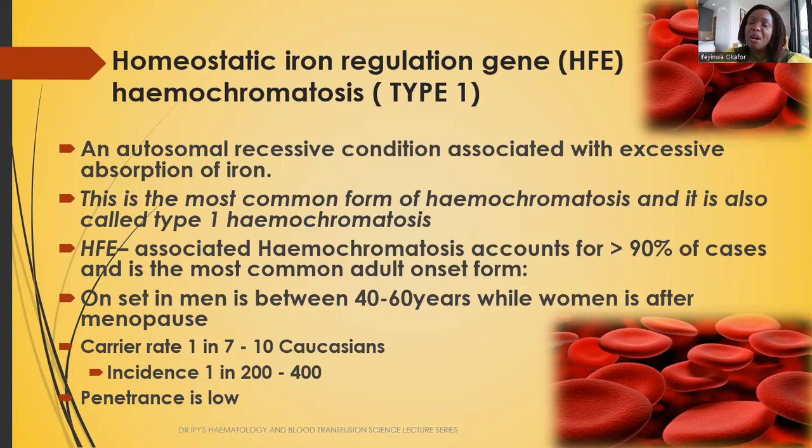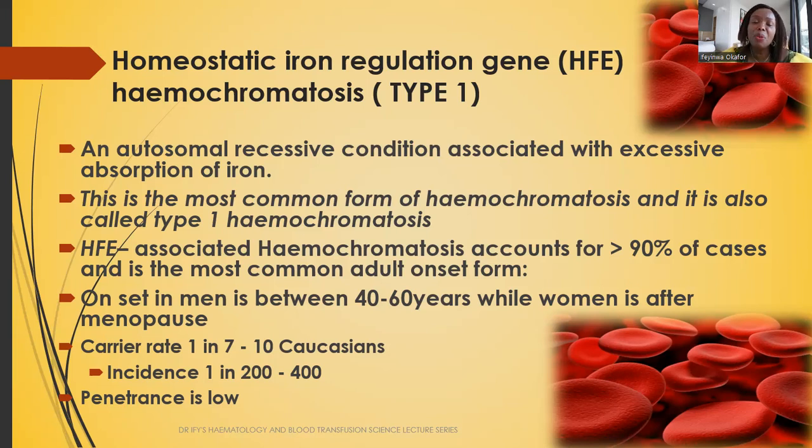And onset, it is found mostly in adulthood. The onset starts in men between 40 to 60 years, while in women it starts mostly after menopause. It is found mostly in postmenopausal women.